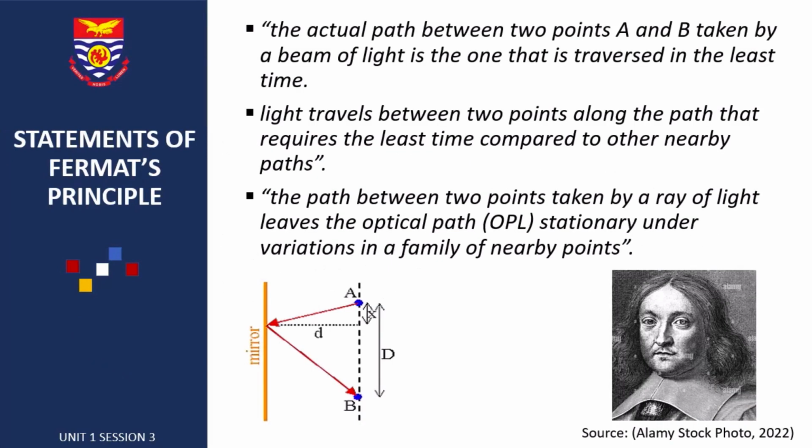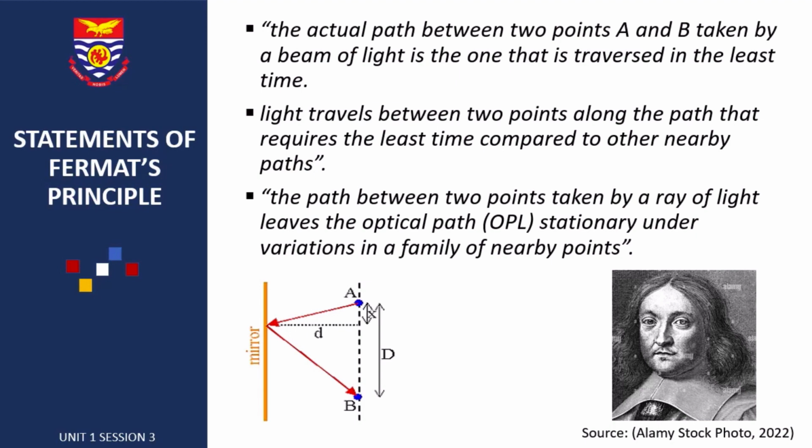So there is some statement that Fermat made in his time. First, he stated that the actual path between two points, A and B, taken by a beam of light is the path that is traversed in the least time.